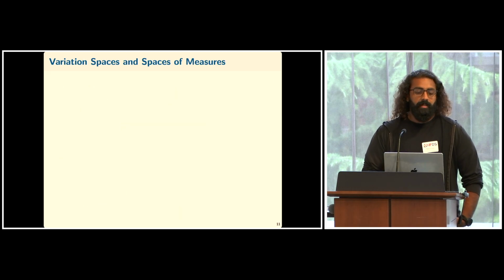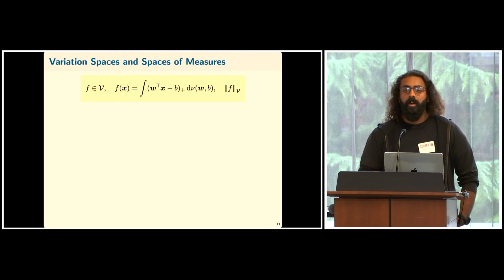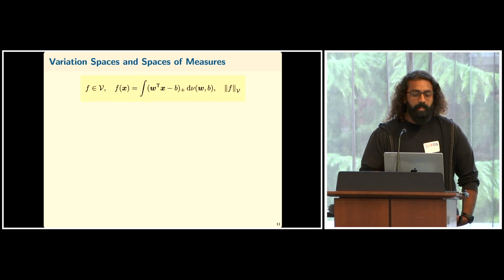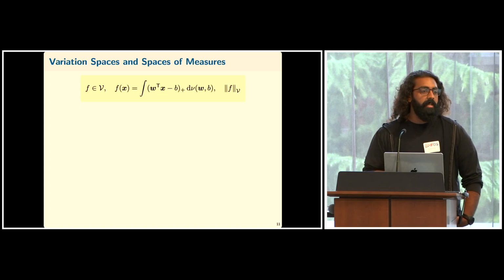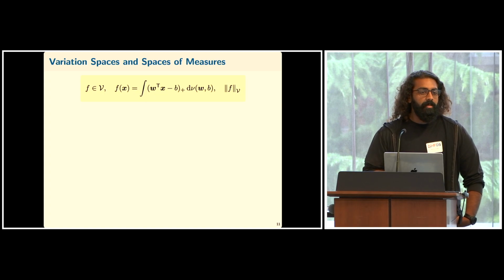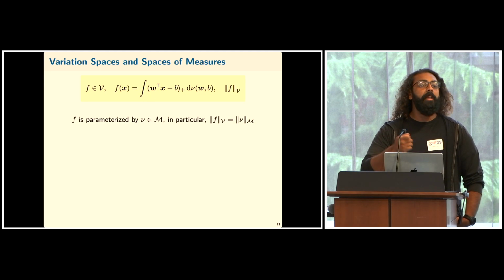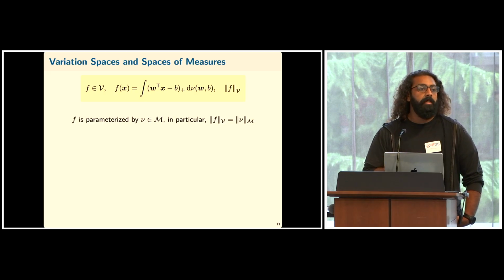Cool. Okay, so we have these variation spaces, and it turns out they're actually very related to spaces of measures, which is, I guess, obvious because these functions are integral combinations of measures. So we have a function in V. It has this integral representation as an integral combination of neurons, and it has some norm, because I told you it's a Banach space. Since every function in the space is parameterized by a measure nu, it turns out that the norm on this space is actually the total variation of the measure that's associated with the parameterization.